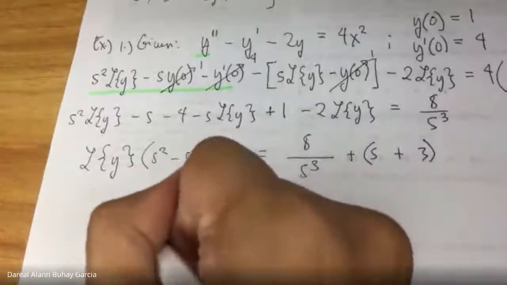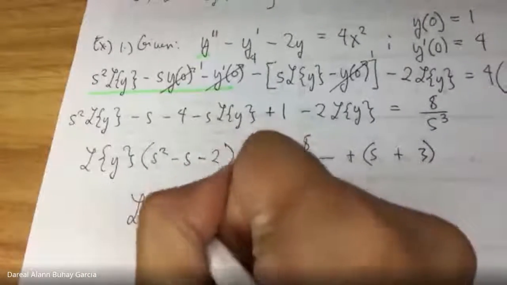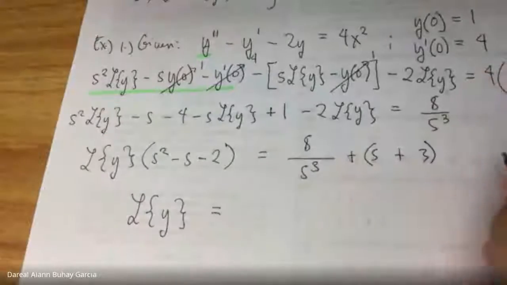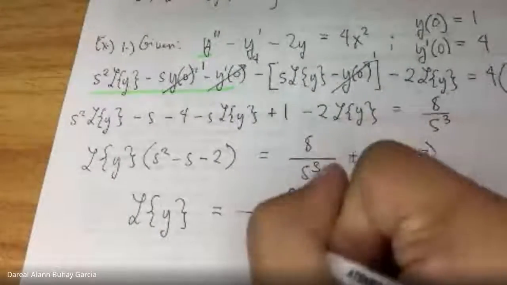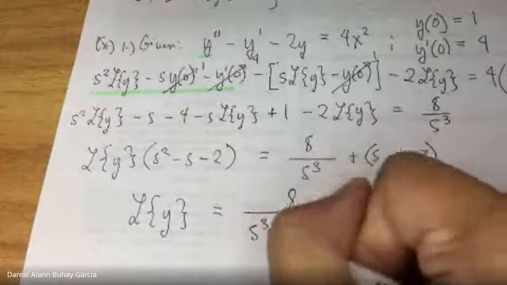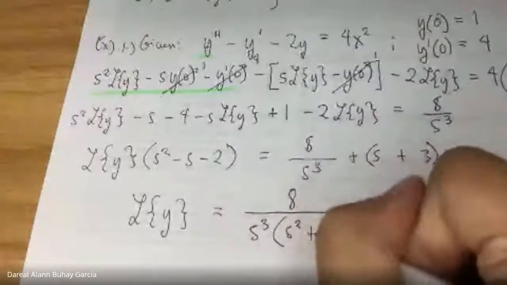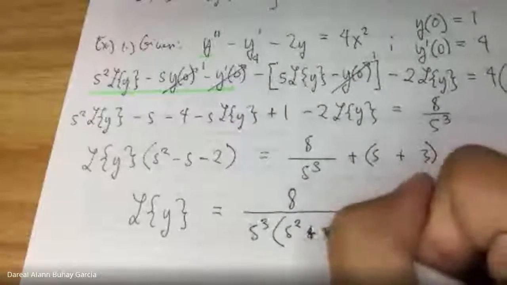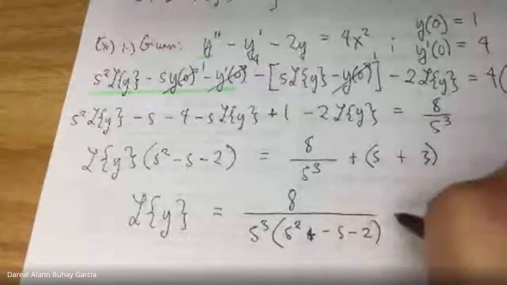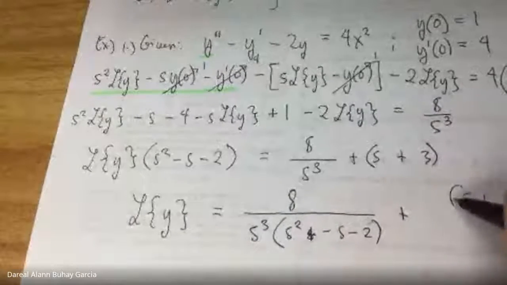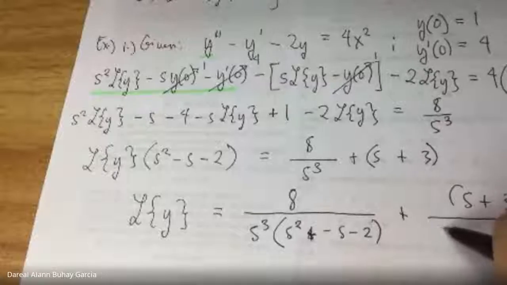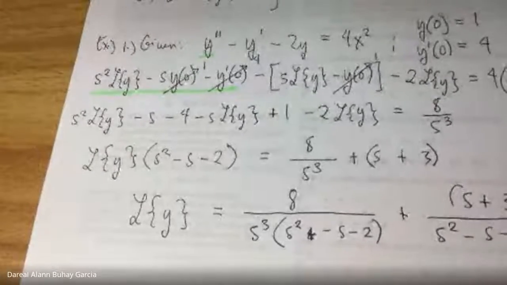Therefore, the Laplace of y is equal to 8 all over S cubed, S squared minus S minus 2, plus S plus 3, over S squared minus S minus 2.